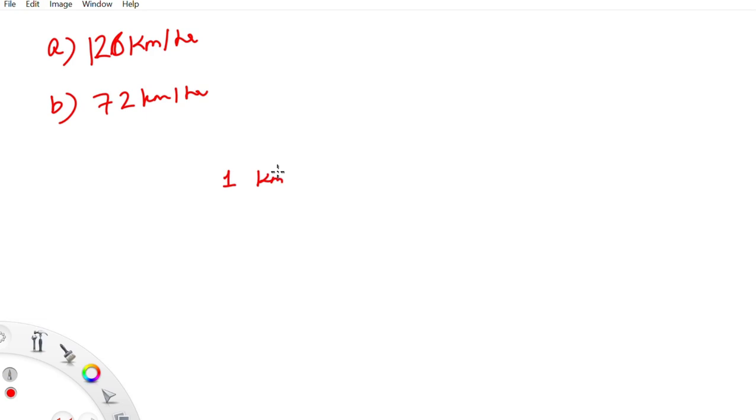So let's say you want to convert 1 kilometer per hour to meter per second, and there is some conversion factor that you want to know. So 1 kilometer can be written as 1000 meters, and in the denominator you have hours, right?